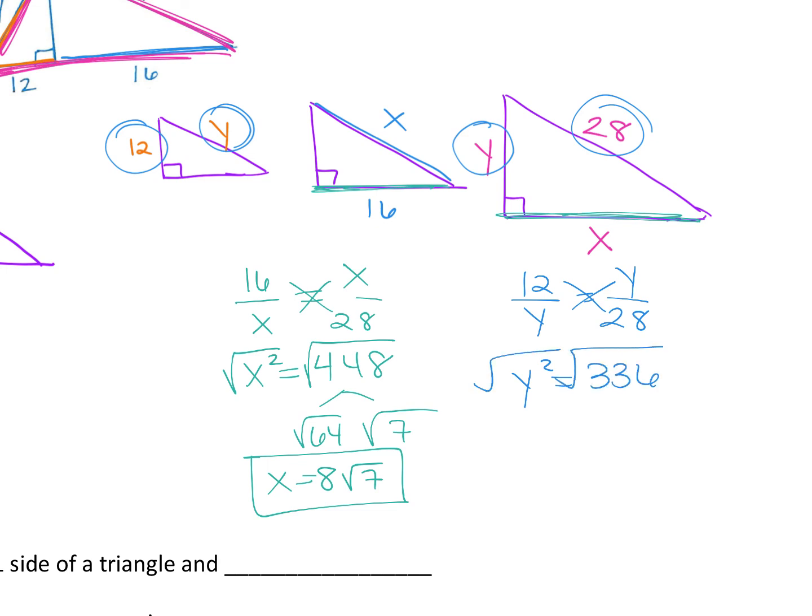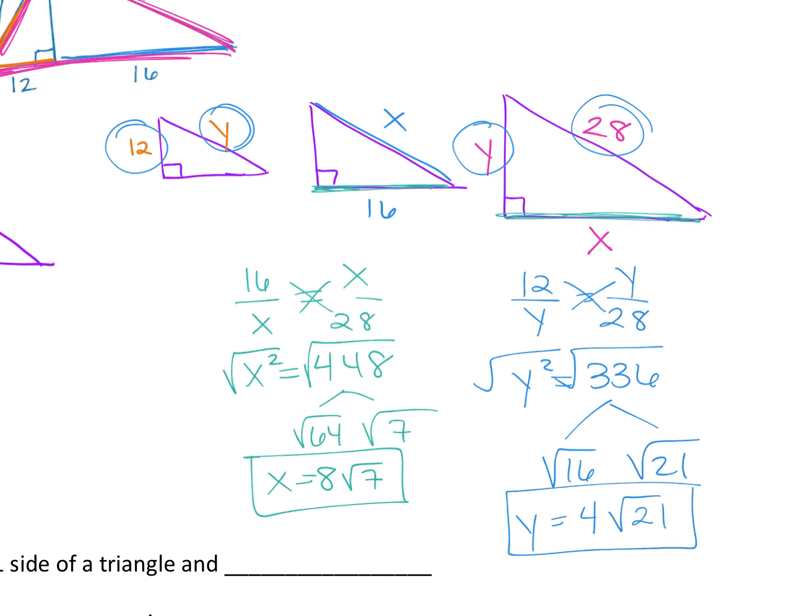Try this real quick. 336 divided by, again, 100 isn't going to go into 336, right? 336 divided by 81. 336 divided by 64. 336 divided by 49. Keep working your way down until you find the one that works, which is which one? 16, yeah. So 16 times 21 is 336, which means Y is 4 rad 21. Questions on that?